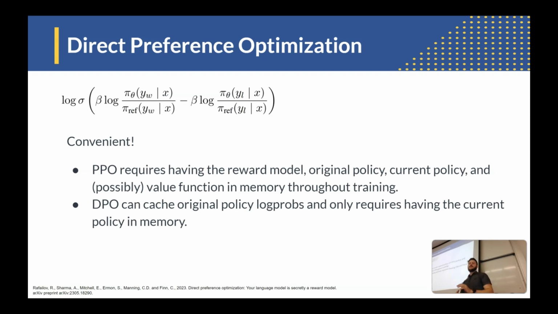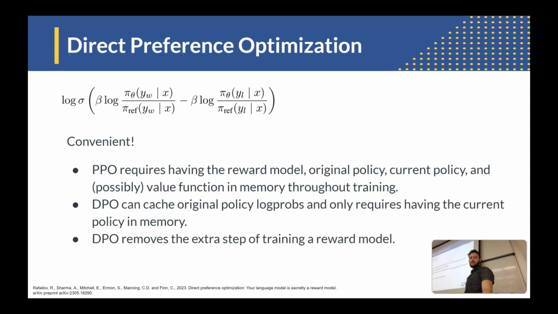It's much more convenient. There are far fewer hyperparameters to tune compared to PPO, and it's relatively stable as well. And there are no online rollouts. This is just using your preference data. So that's obviously a limitation, right? DPO is seen as situationally very helpful, and situationally will be competitive with RLHF.